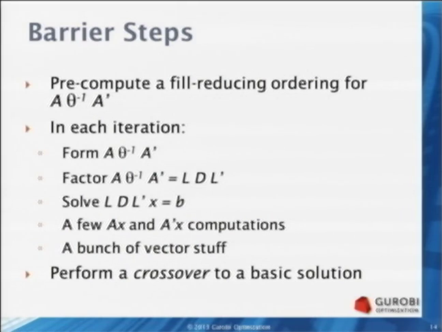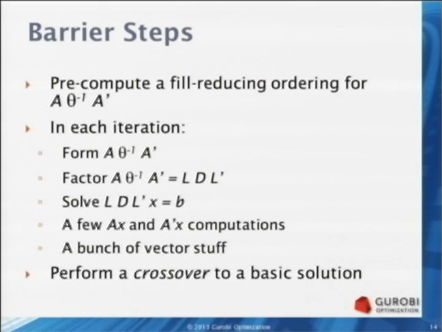This is to reduce the cost of the factorization, to reduce the amount of fill that results in the factorization. And then once you've computed this, in each iteration you form this A theta inverse A transpose matrix. You factor it. You perform one or, well, typically several solves involving the factor matrices. Do a few Ax and A transpose x computations, a few vector operations.